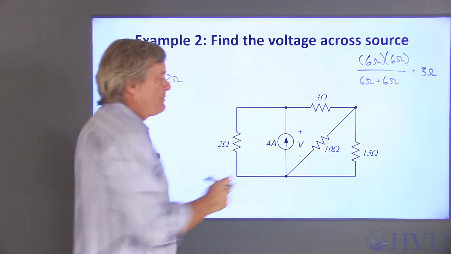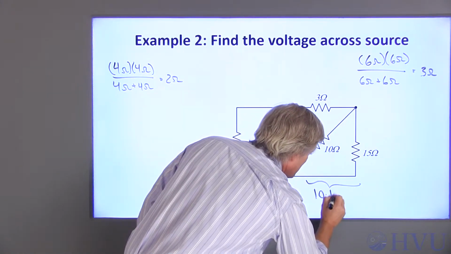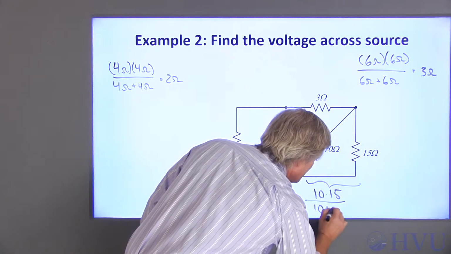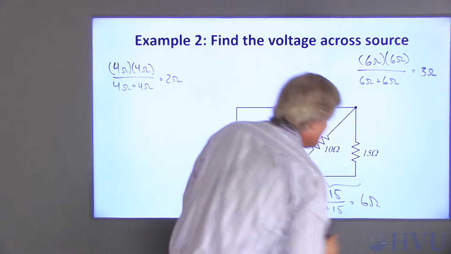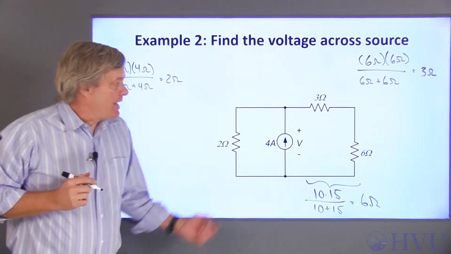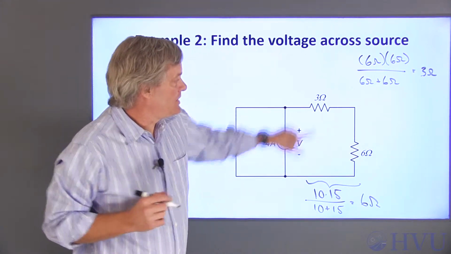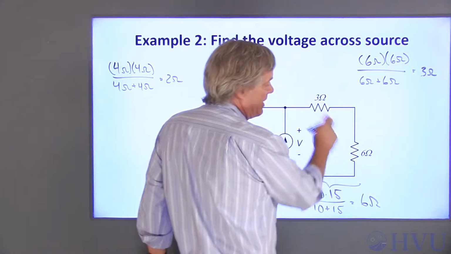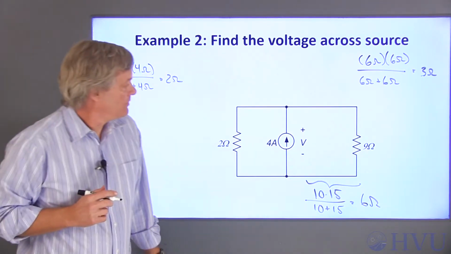Now my only option is these two resistances. They are in parallel, so if I take the product, 10 times 15 over 10 plus 15, that's 150 over 25, which is 6 ohms. Let's replace that. Now my only choice is to make these two in series. Adding those up, that becomes a 3 ohm plus 6 ohm resistance, or 9 ohms.